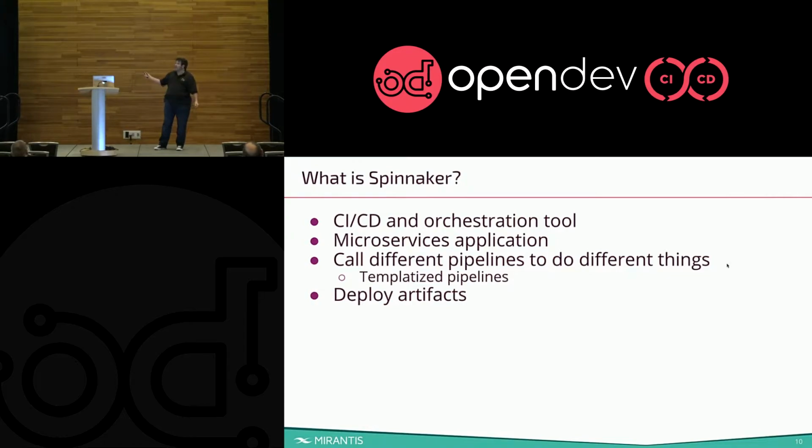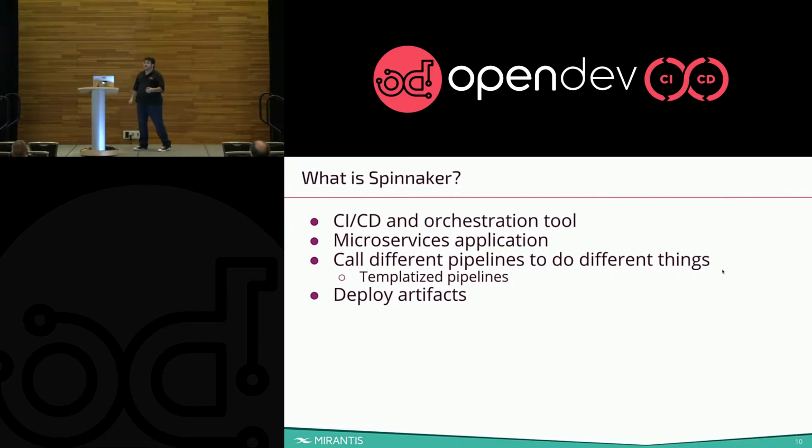For example, Mirantis application platform is based on Spinnaker, and one of the things that it includes is these templatized pipelines that are based on what you do every day. And you can give those pipelines to people so that they don't have to create those things out of whole cloth.